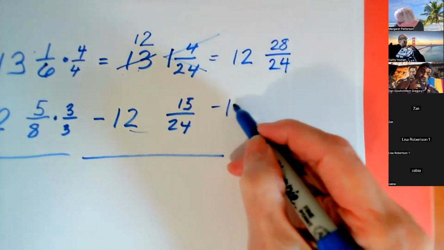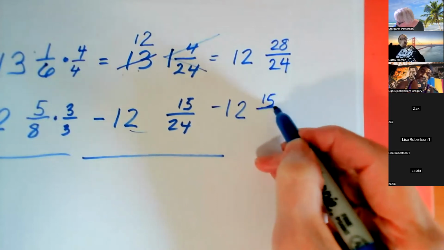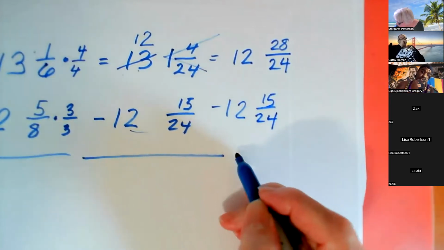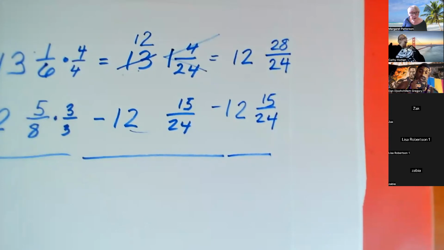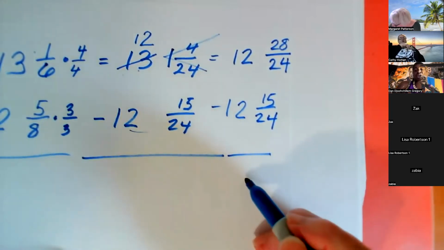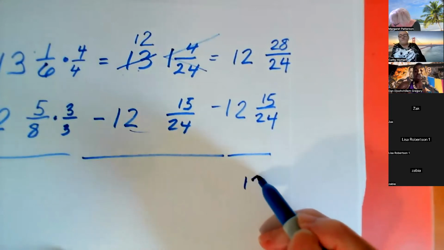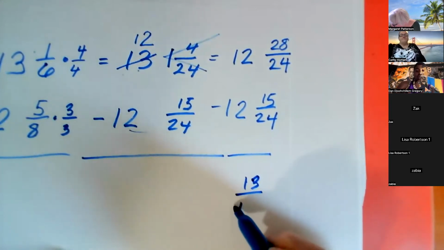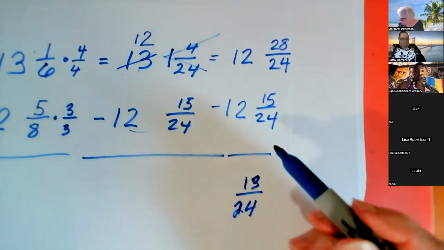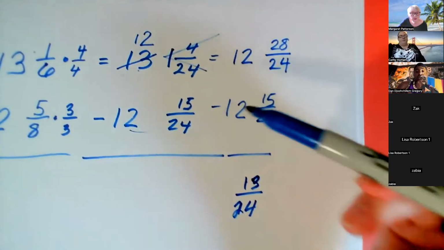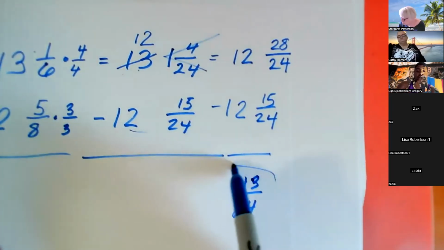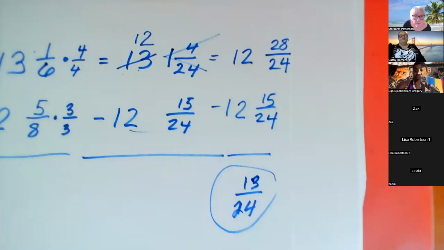This is minus 12 and 15 over 24. This is now in good enough shape. 28 minus 15, 13. 13 over 24. And 12 take away 12 is 0. So you just have the fraction answer. 13 over 24. What do you think?